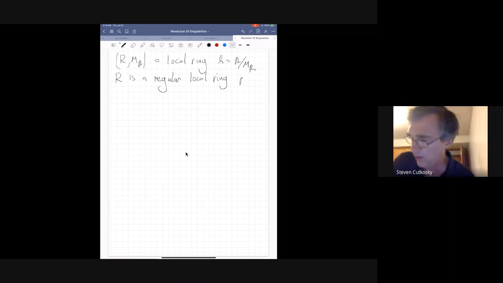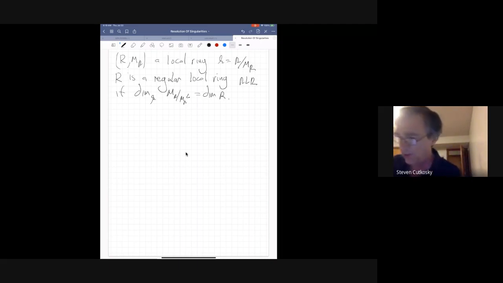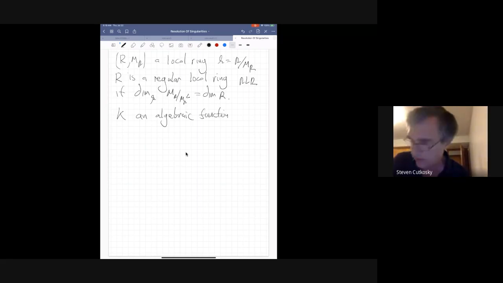So R is a regular local ring if the dimension of m_R mod m_R squared is equal to the dimension of R. At the time, this was somewhat controversial for various reasons. There are still some people that resist this definition, and in a moment, in case you don't know this, I'll mention what the alternate definition is.